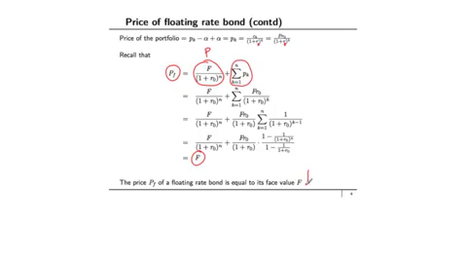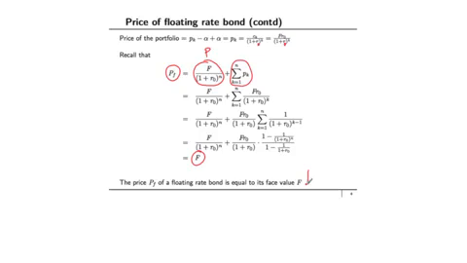That's great. So two things I want you to take away from this little calculation. One of them is the fact that the price of a floating rate bond is exactly equal to its face value. But the second is how we constructed this price. What we did was we pushed our idea of no arbitrage one step further.